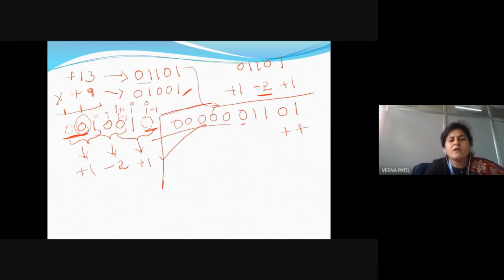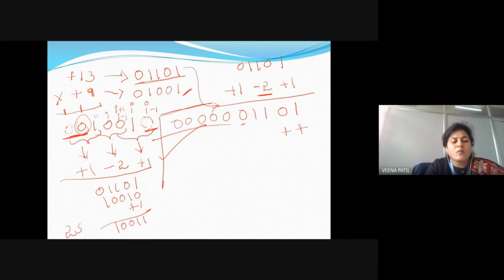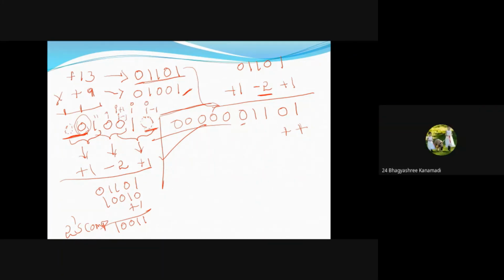My multiplicand is 0, 1, 1, 0, 1. What is the 2's complement of this? It is 1, 0, 0, 1, 1. Agreed?